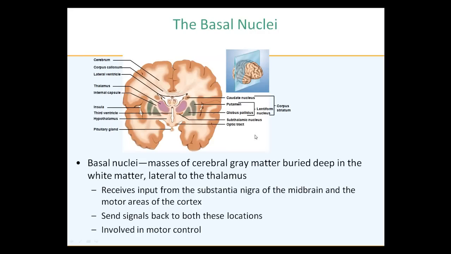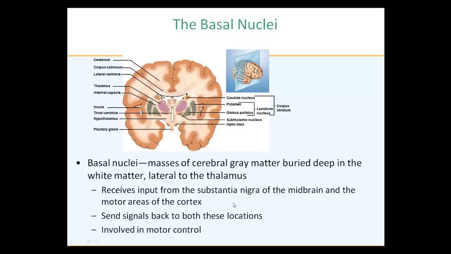The basal nuclei. We agreed that in the cerebrum, or the brain, we have the gray matter on the outside and the white matter on the inside. But we also agreed that we have areas of gray matter buried inside that white matter, and that's what we called the basal nuclei, or basal ganglia.